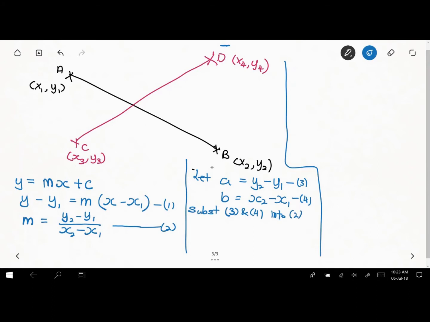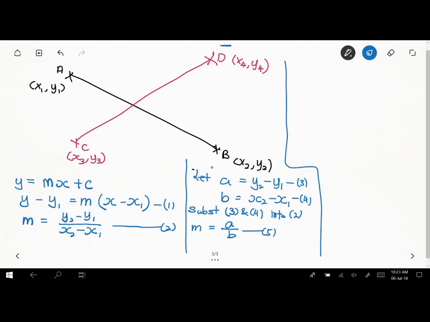So we have m equals A over B. This will give us equation 5.